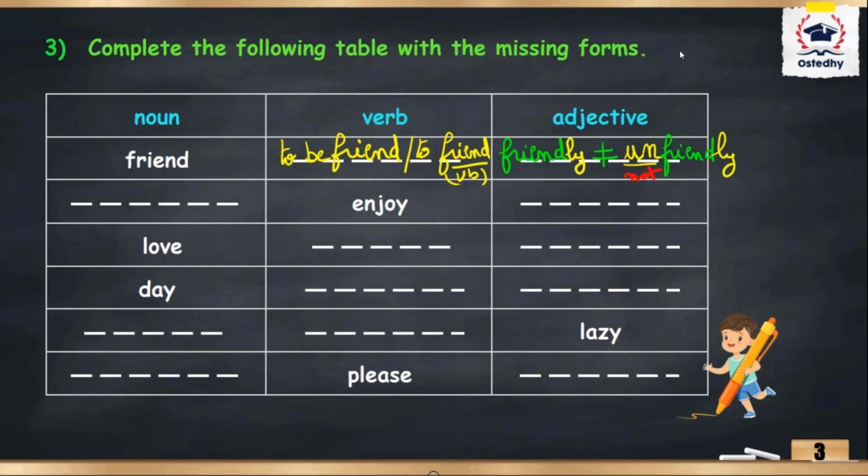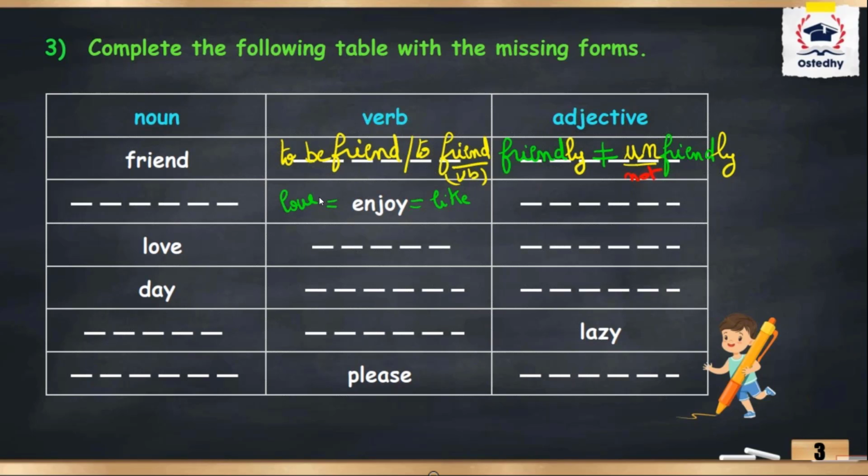Now, again, Rahma, would you please read the verb you have in the next line? Enjoy. Good. Now, what is enjoy? Can you explain to me? What does it mean to enjoy something? Like something. Yeah, so it's almost a synonym of the verb to like, to love, in a way, but there are degrees in that.